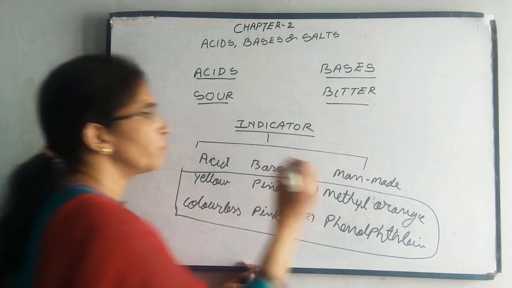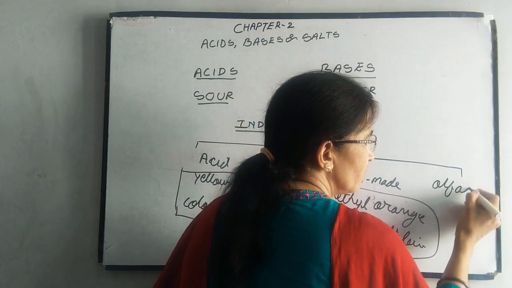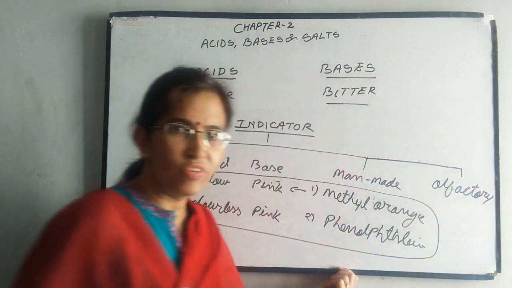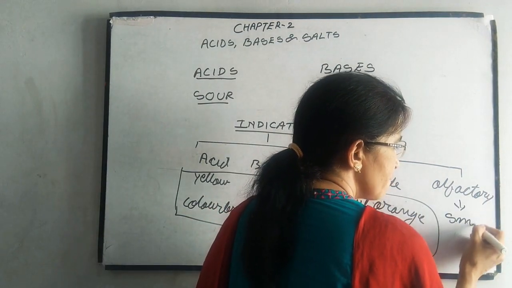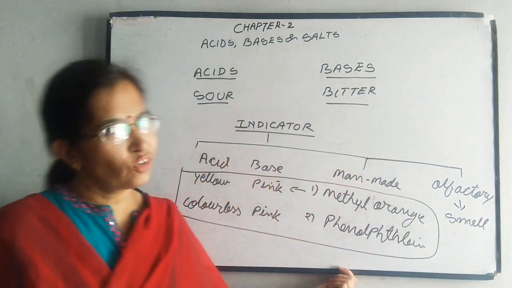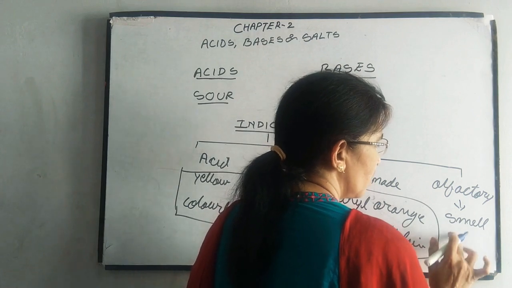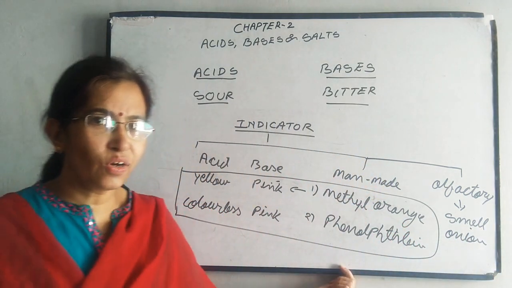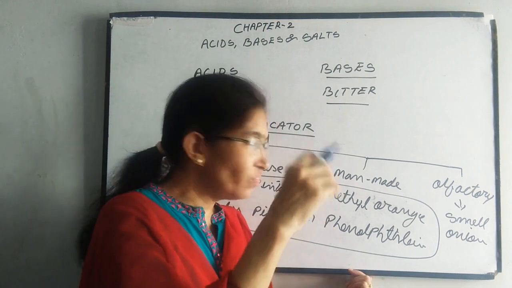Okay, so these are your man-made indicators. Then one more type of indicator is known as the olfactory indicator. Olfactory indicator means one which changes its smell in acidic or basic medium. For example, onion. I think you have seen how onions are served. When we go to hotels, they put vinegar over there.